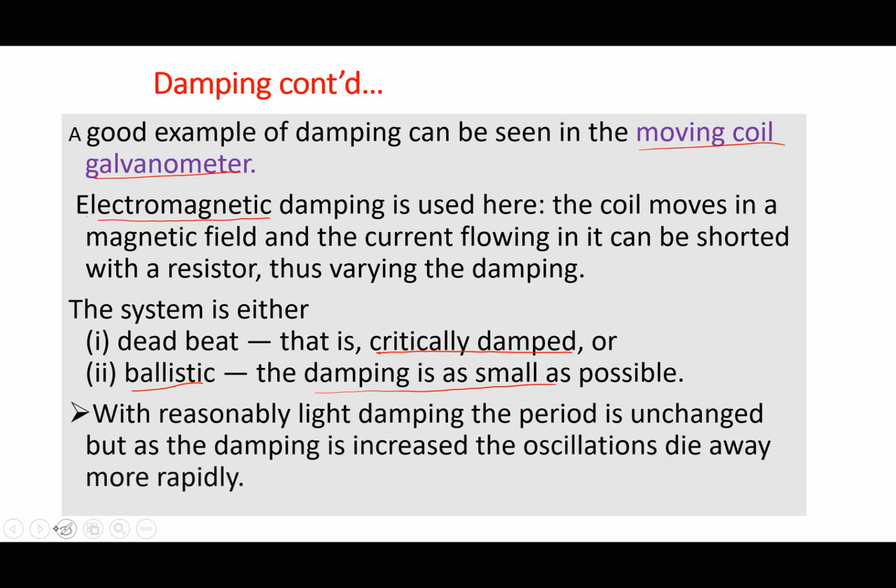With reasonably light damping, the period is unchanged, but as the damping is increased, the oscillations die away more rapidly. So if the damping is light, the frequency and the period remain constant, as we have seen in our previous illustrations. The frequency, that is the number of oscillations, would remain constant if the damping is light.